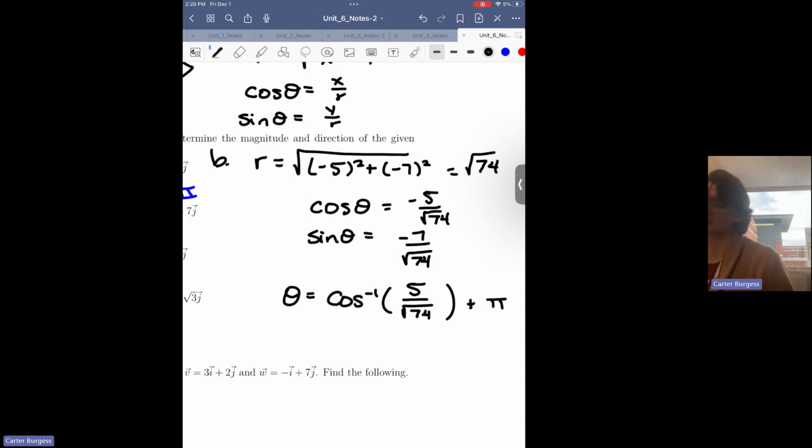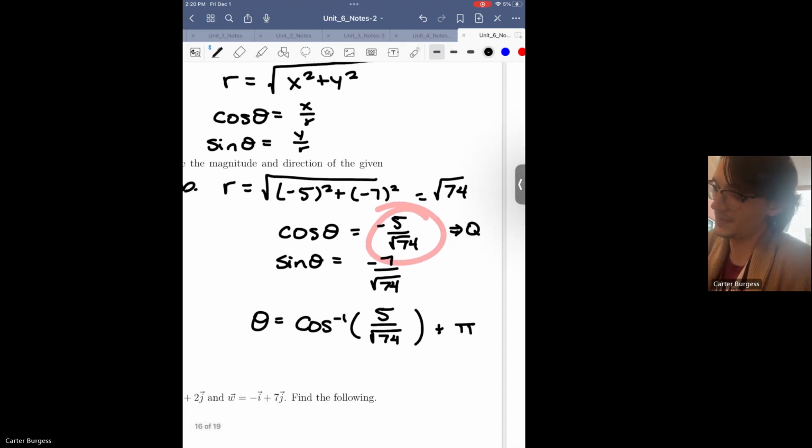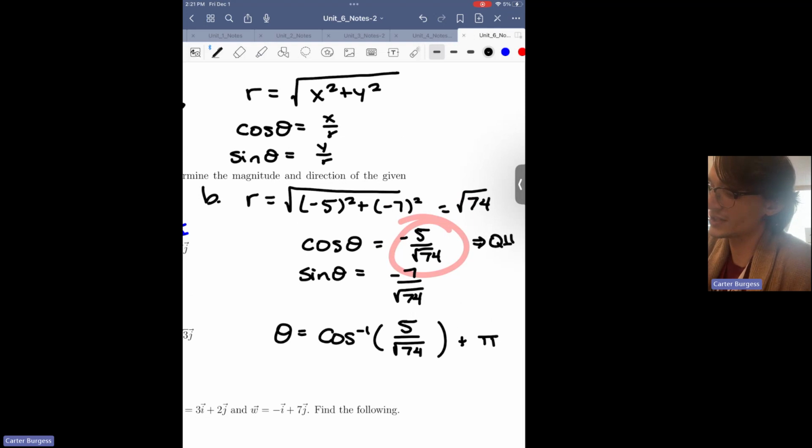Yes, so if we used what we saw here, which is negative 5 over root 74, where would that put us? This should put us in quadrant 2 because it's inverse cosine of a negative value. So we cheated a little bit.